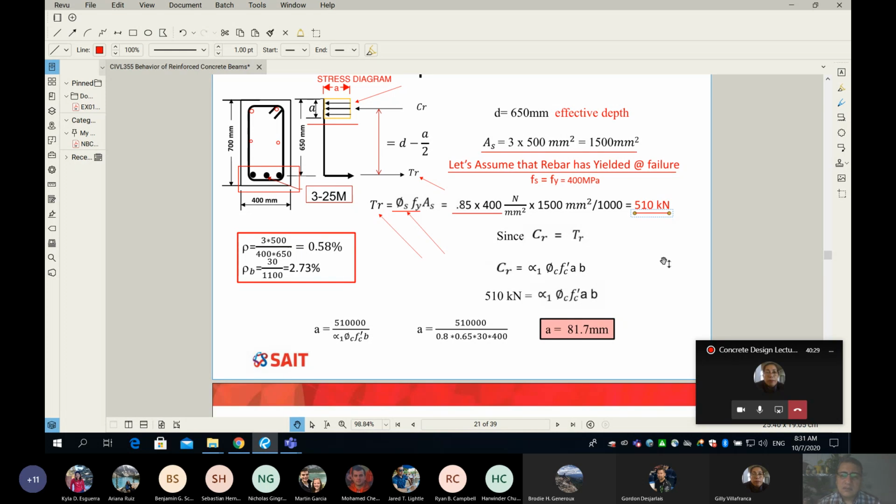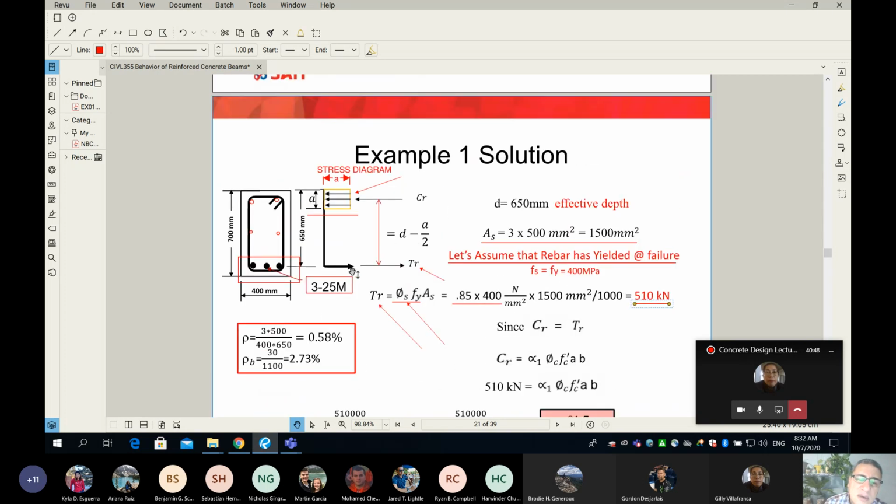Now, guys, we said probably the first day when we talked about statics that for anything to stay in place, there should be equilibrium between forces and moments. So what happens here? We have a tension in my rebar as TR, and we have a compression in my concrete as CR.